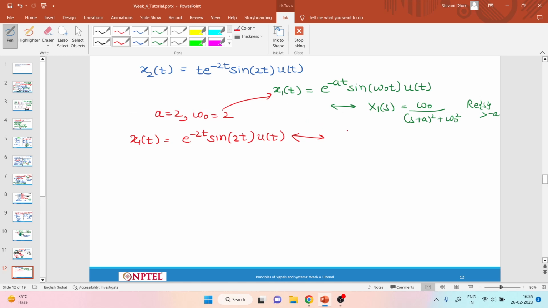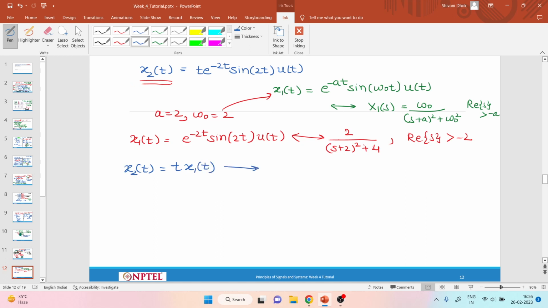So this will be equal to 2 upon s plus 2 square plus 2 square, which is 4, and the region of convergence will be real part of s greater than minus 2. Now for x2 of t, whose Laplace transform we need to find, x2 of t is equal to t into x1 of t.